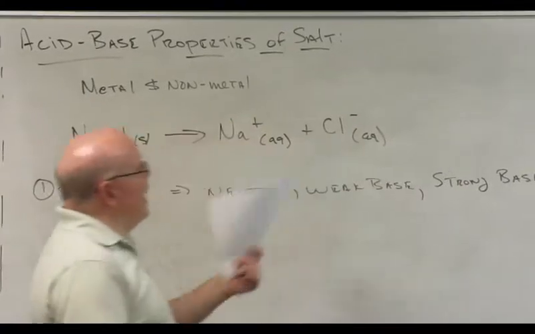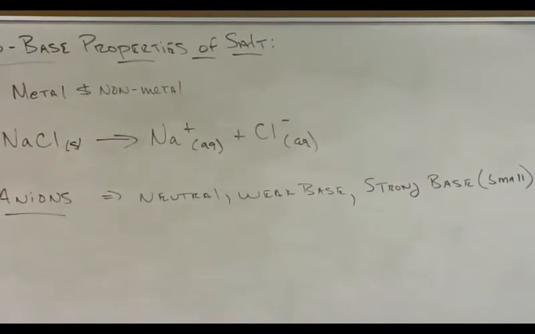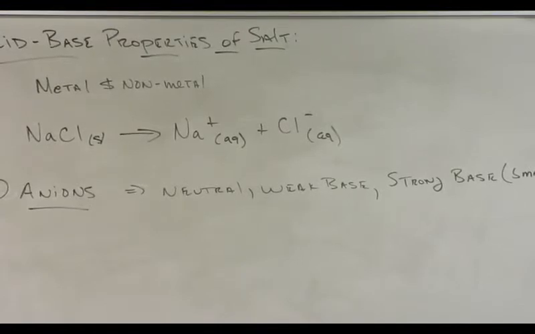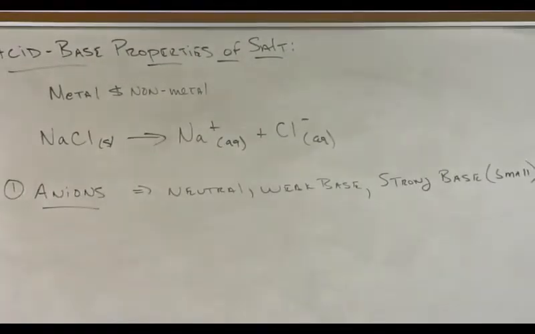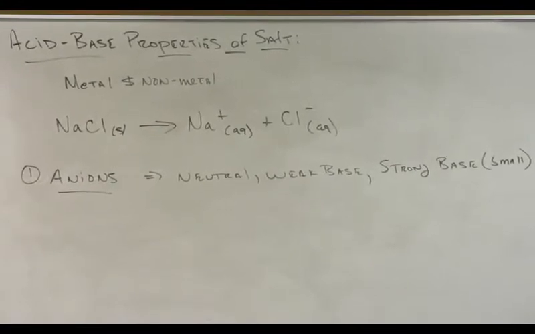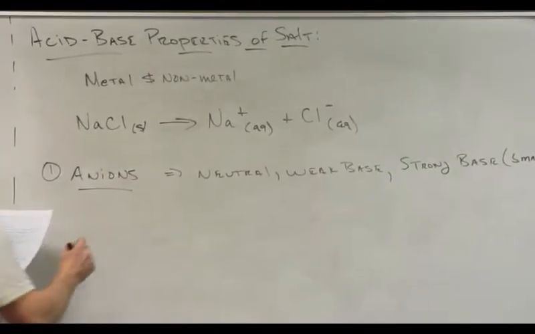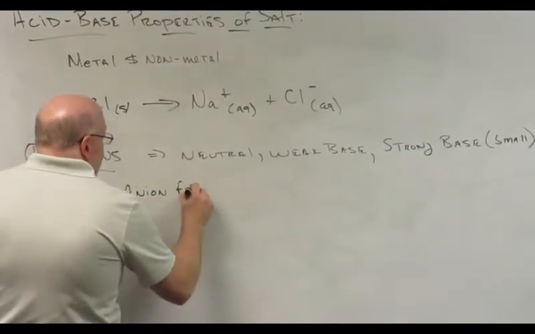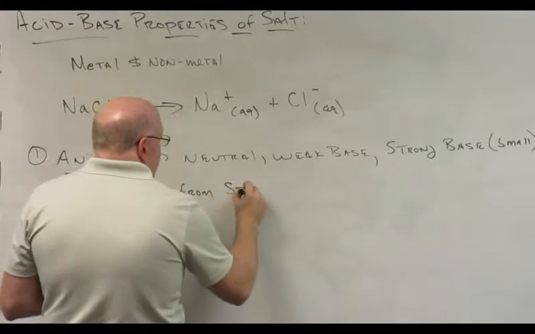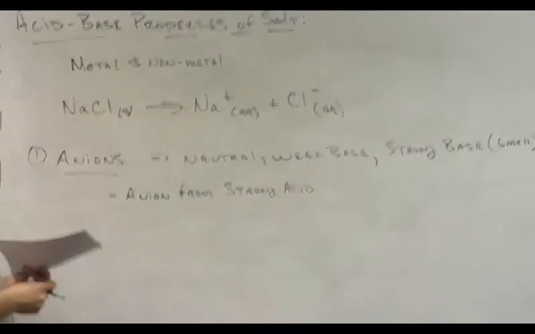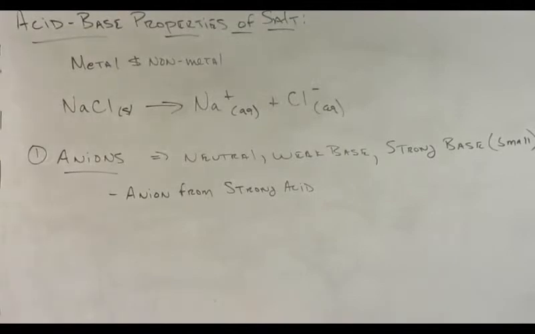So when we think about the anion, when we take a salt, we're going to see the problems that come along with this. We take a salt and we toss it in water. The negative species that's released is either neutral, does nothing to pH, or it affects the pH in a basic way. The way we can tell the groups are if the anion is from a strong acid. If the anion itself is from a strong acid, they are neutral.